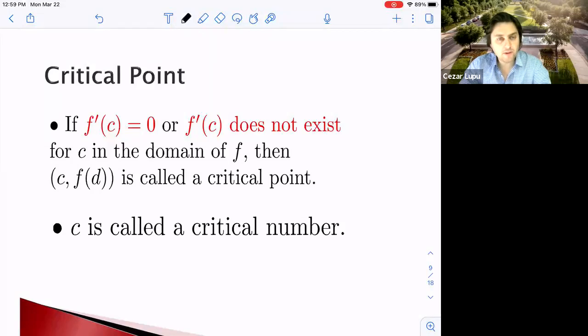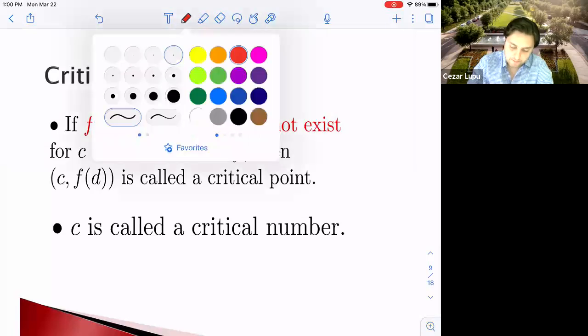If f prime of c, the derivative of f at the point c, is 0, or if f prime of c does not exist for c in the domain of f, then we will say that this point of coordinates (c, f of c) is a critical point. I think there is a mistake here, I'm sorry about that.